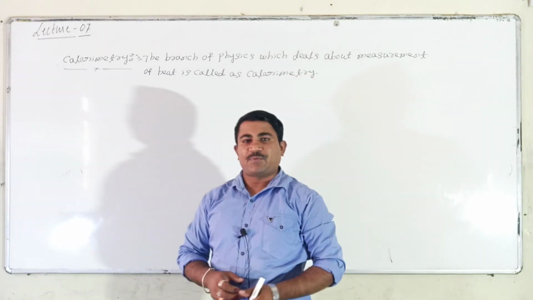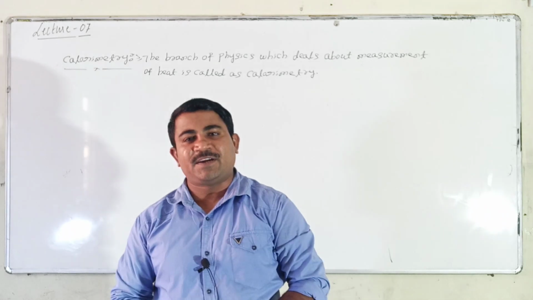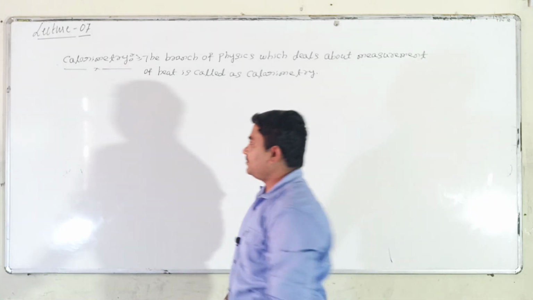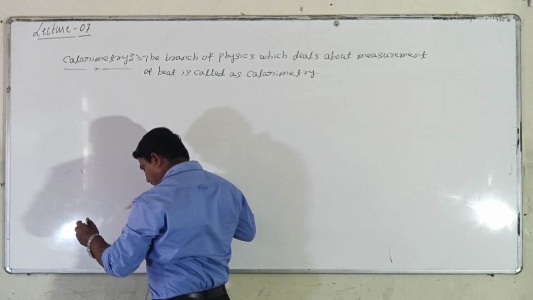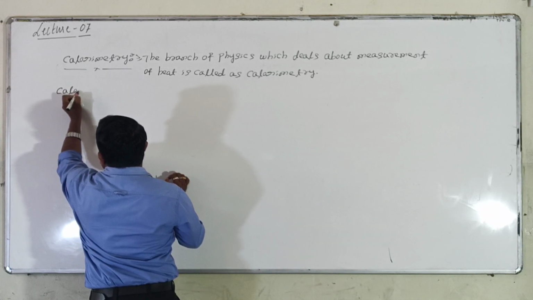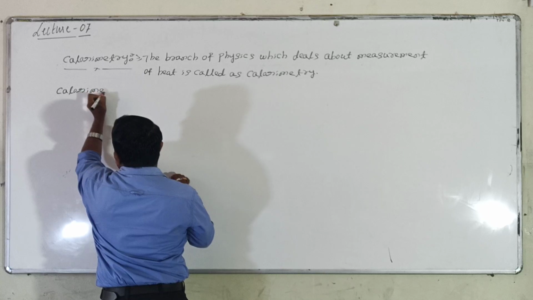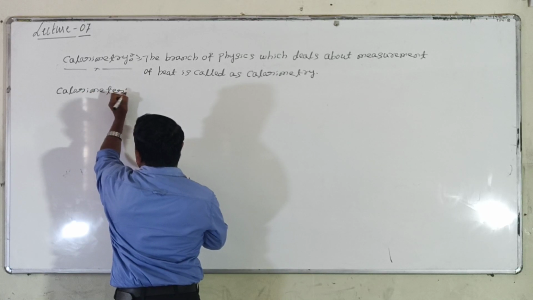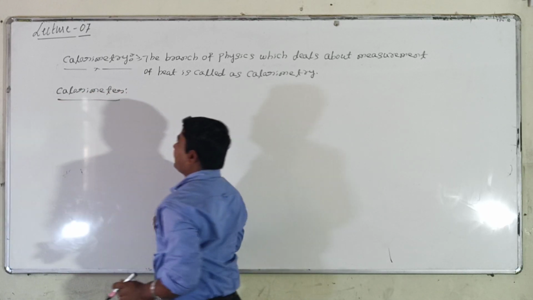The device which measures heat is called a calorimeter. See here. Calorimeter, it is a device to measure the heat of the system.